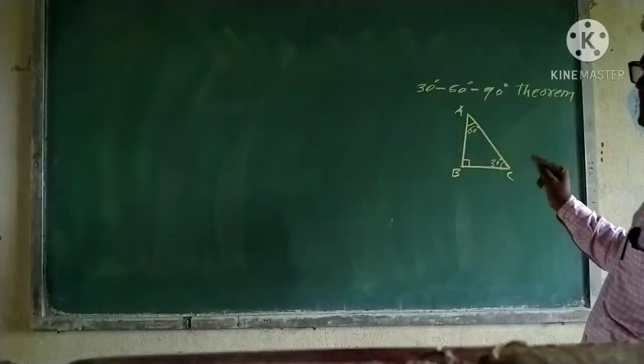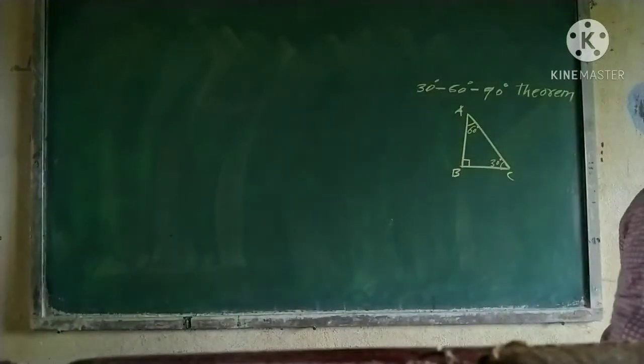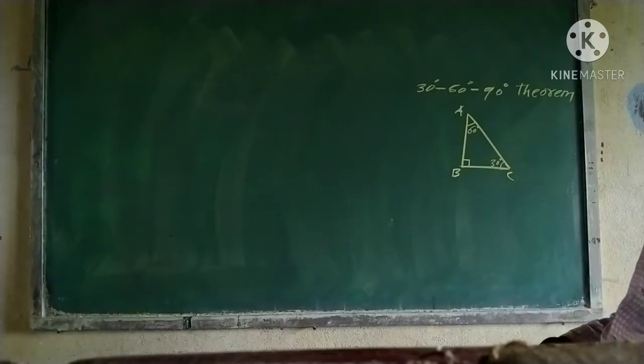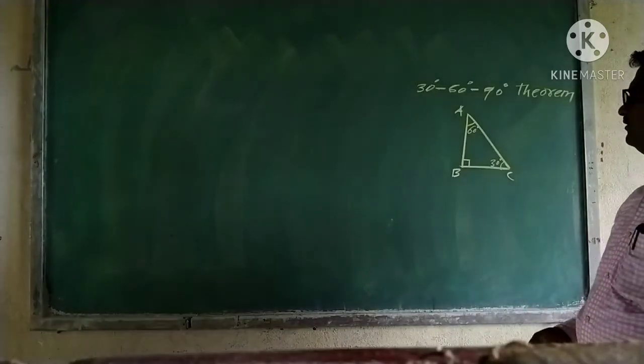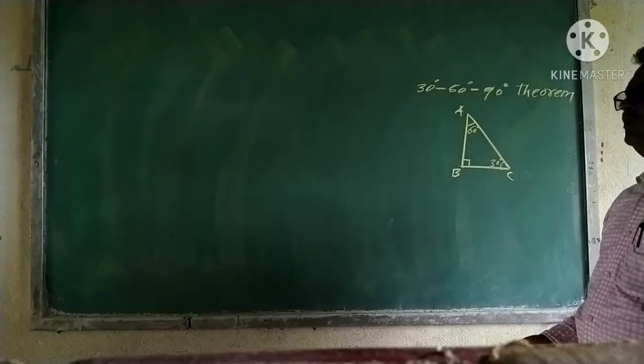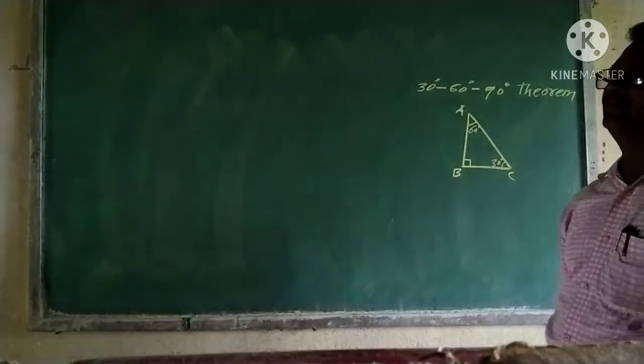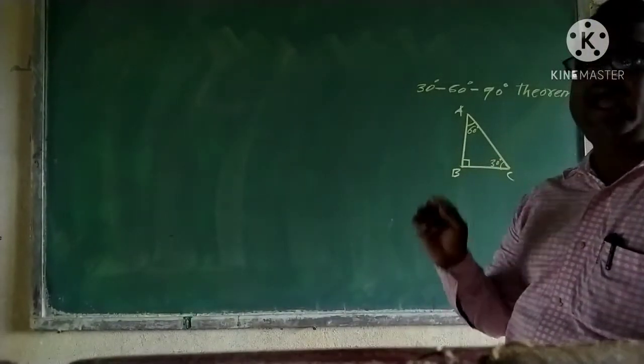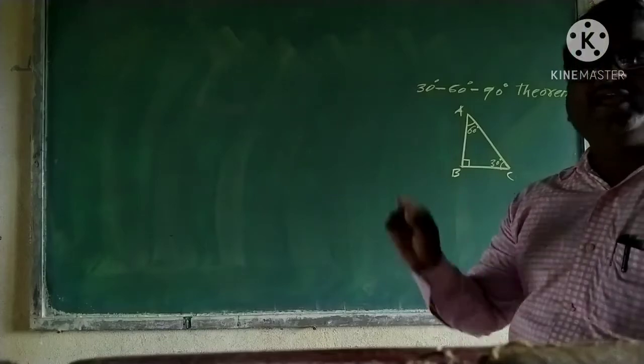Now the 30, 60, 90 theorem says that the side which is opposite to the measure of angle 30 degree is half of the hypotenuse.